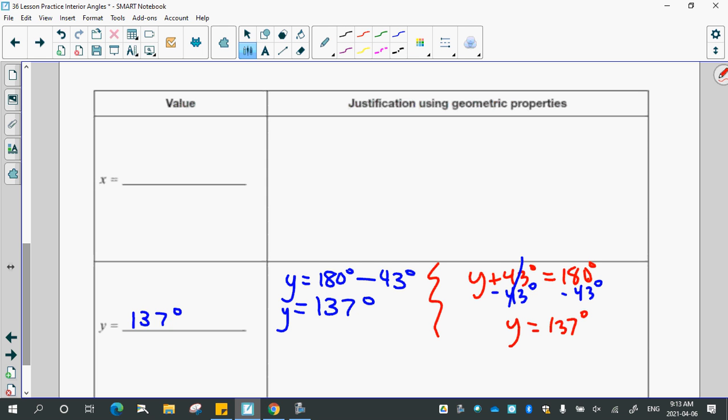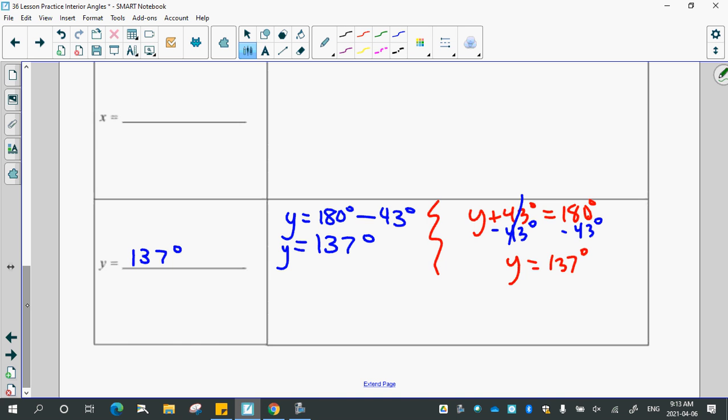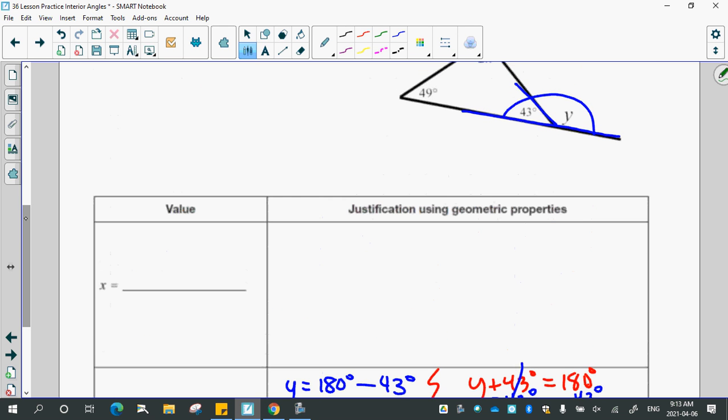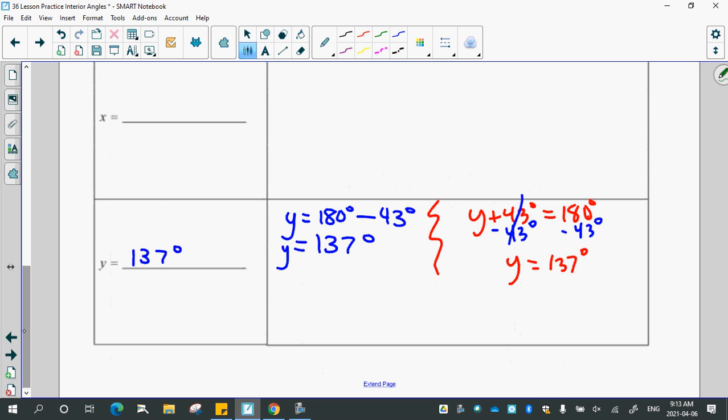Okay, and my geometric property I used, so notice how it says justify using geometric properties. So if you remember that they're called supplementary angles, that's easy, you can write that down. Supplementary angles is one way of explaining your thinking.